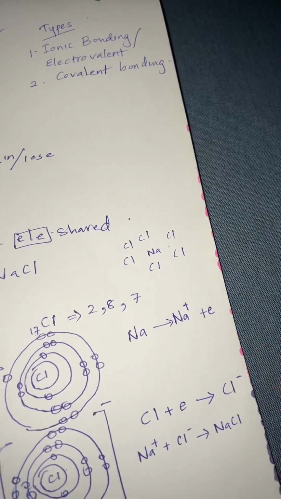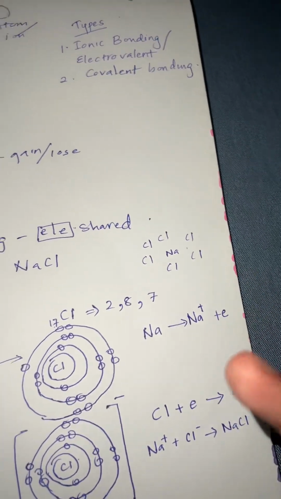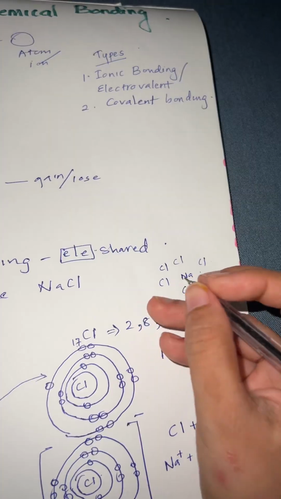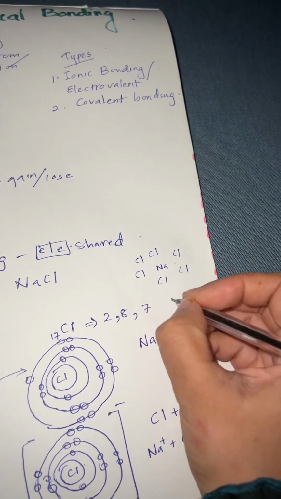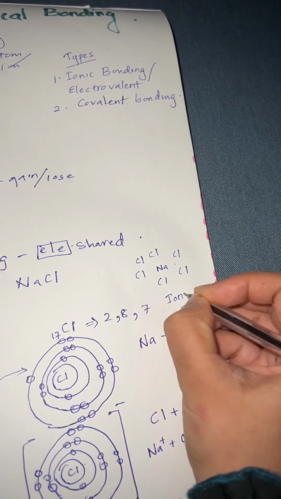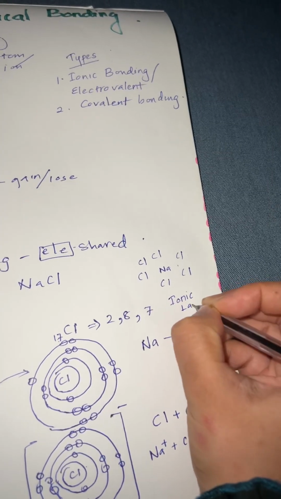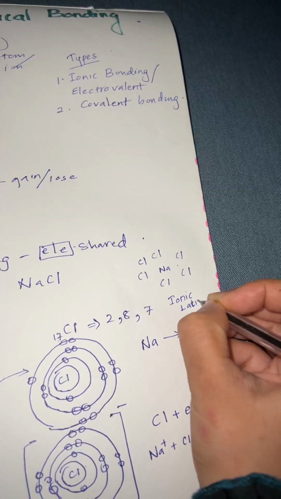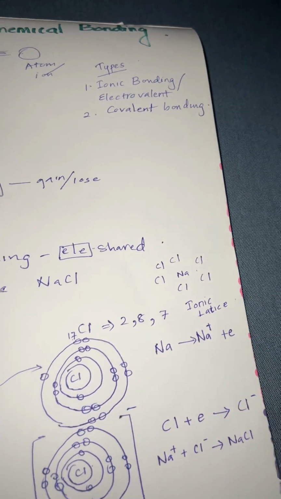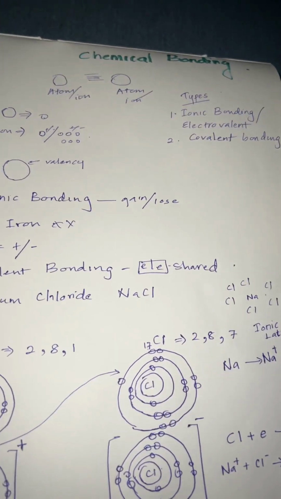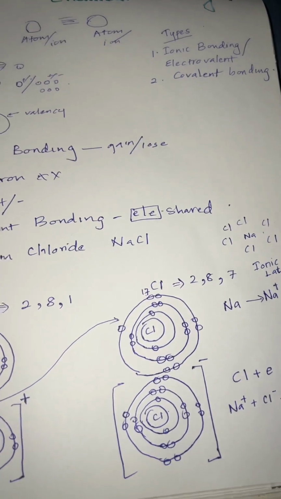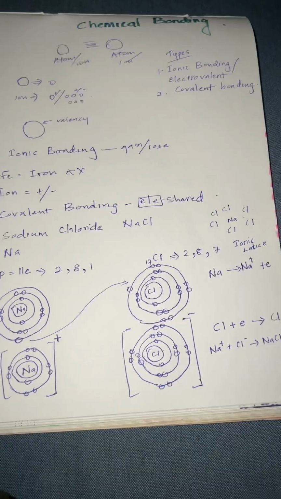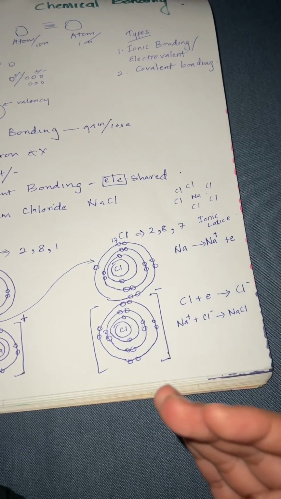So it is a giant structure having an ionic bond, so we call NaCl an ionic lattice, right? So I hope you understood this video, and we can think of some other examples too, like magnesium chloride.